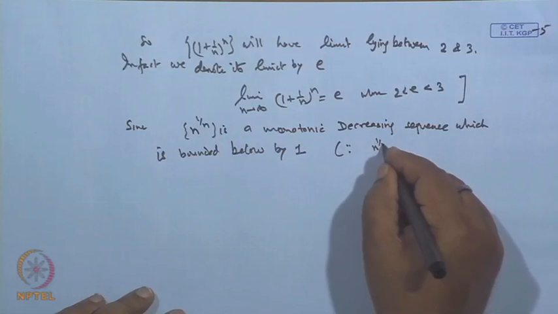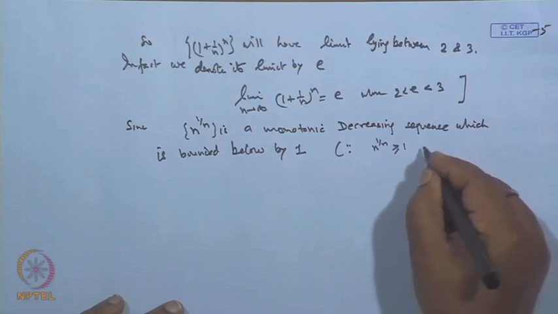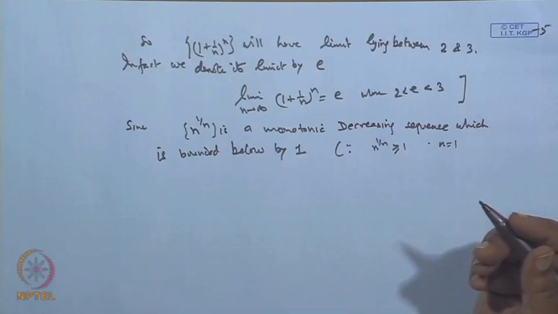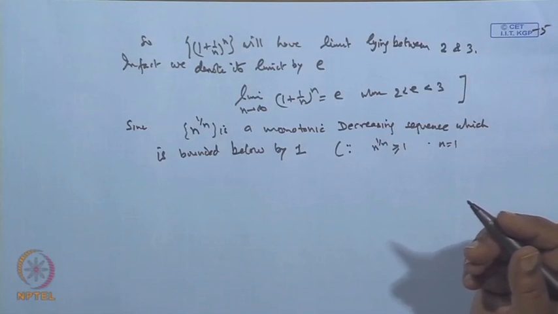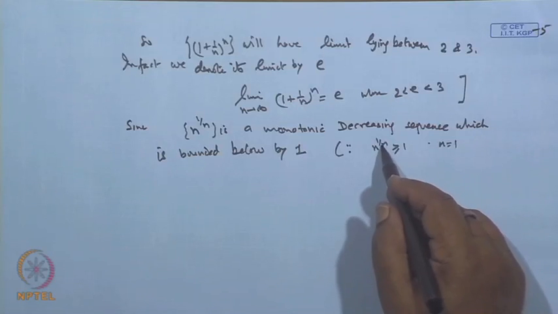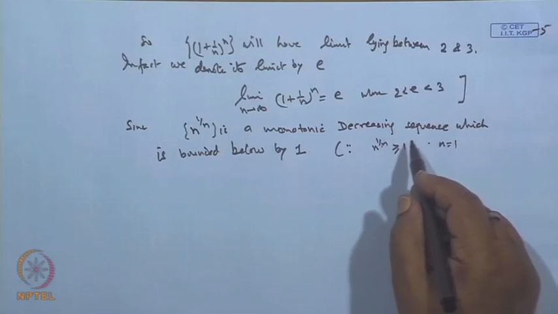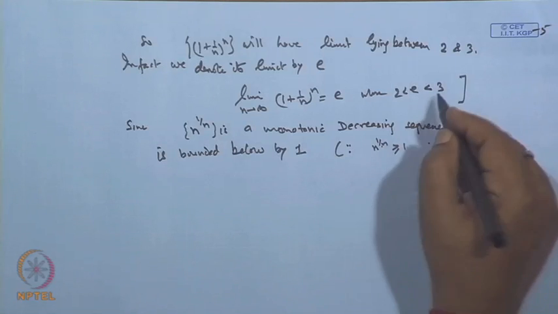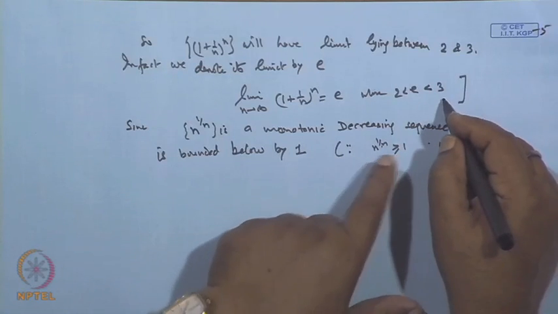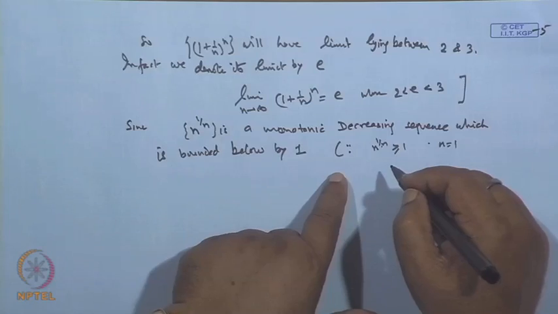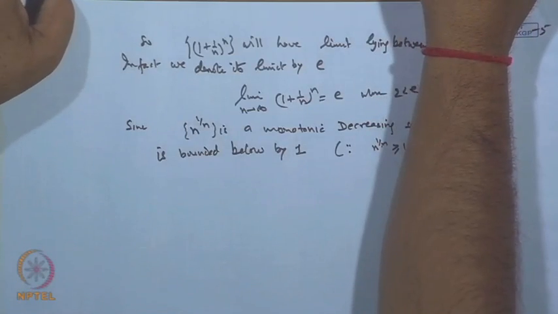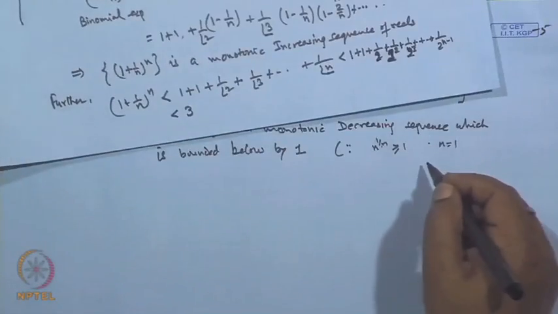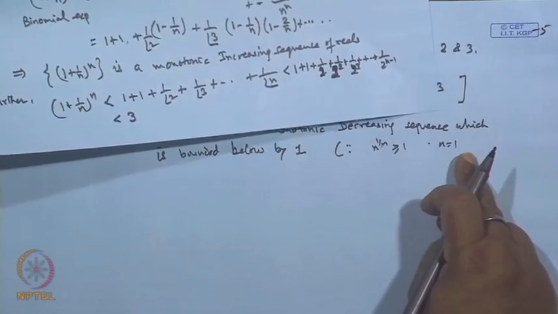Because n to the power 1 by n is greater than or equal to 1. When n is equal to 1 you get 1, and for 2 it is greater than 1, is it not? So it is a monotonic decreasing sequence after 3, is it not? n to the power 1 by n is 2 for n greater than or equal to 3. So after 3 this is a decreasing sequence, but all the terms will definitely be greater than 1.